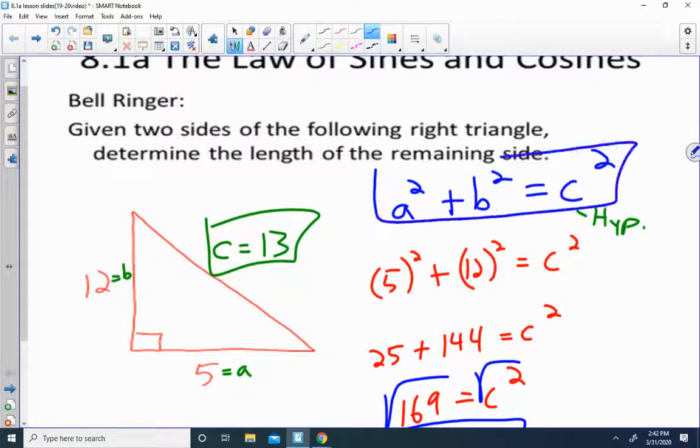This Pythagorean theorem, this lesson actually does not require it. Here's why. The Pythagorean theorem can only be used on right triangles.